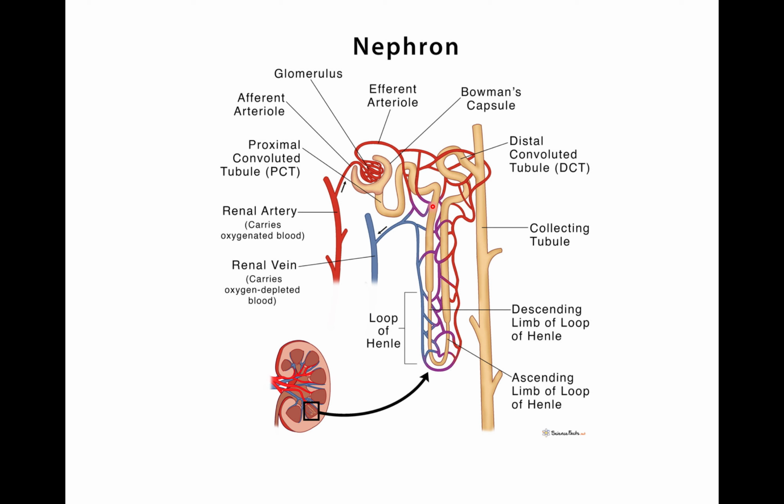It is a wide tube lined with a layer of columnar epithelial cells, and it has a brush border or microvilli which increases the surface area of absorption. So the cells of the PCT have a brush border, and it increases the surface area of the cell for reabsorption of substances from the tubular lumen.